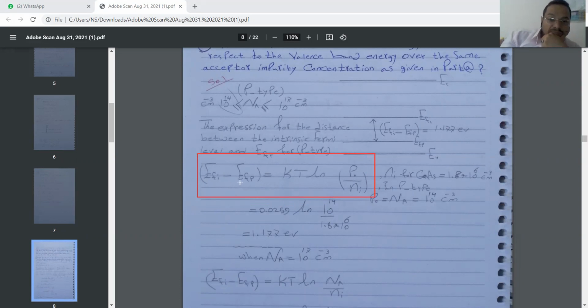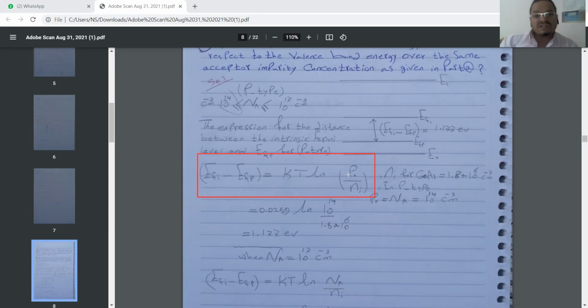The intrinsic Fermi level minus the hole Fermi level equals kT. T is the same, the room temperature. k is the Boltzmann constant. That means the result for these two elements equals 0.0259 ln of p0, the concentration of holes, divided by ni, the intrinsic carrier concentration.